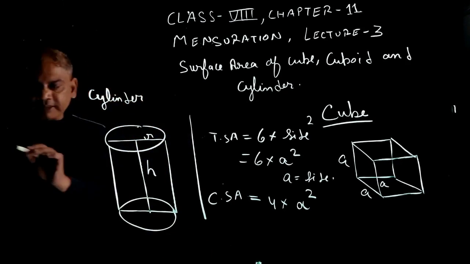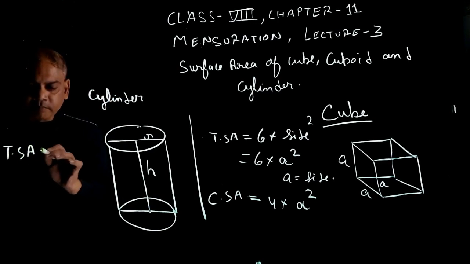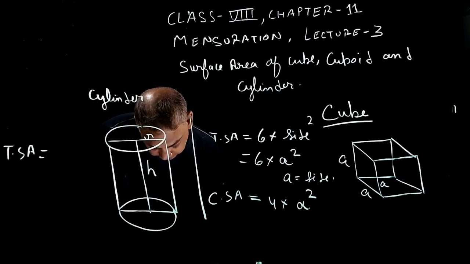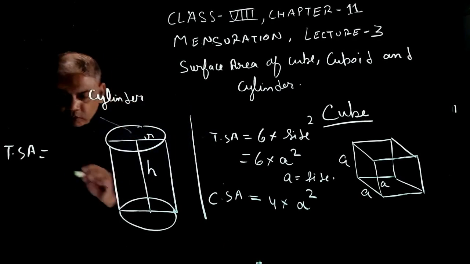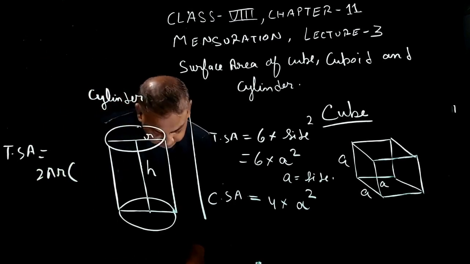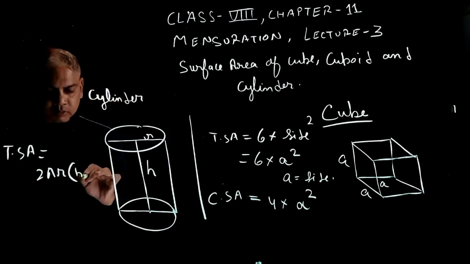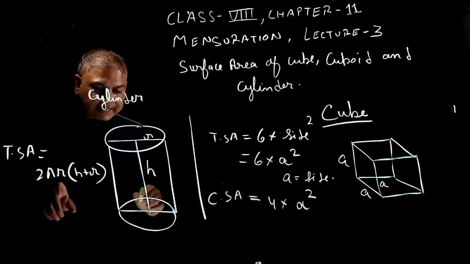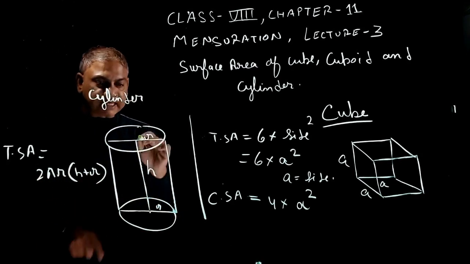Okay, so total surface area of a cylinder is given by 2 pi r h plus r. 2 pi r is the radius and h is the height.